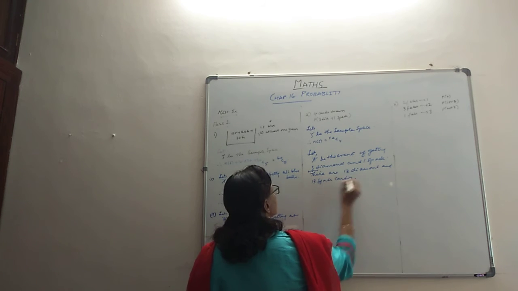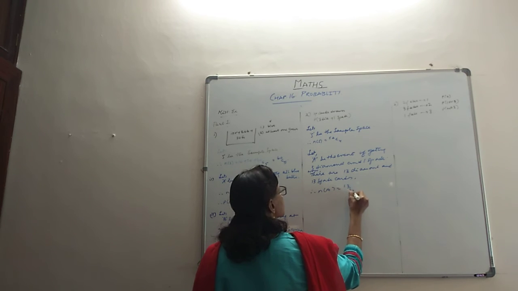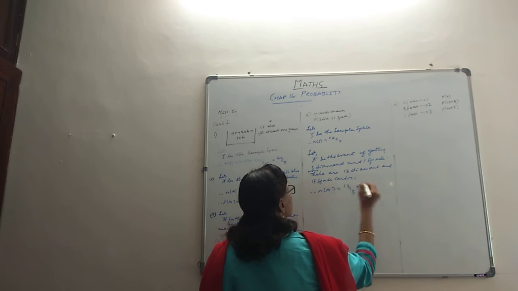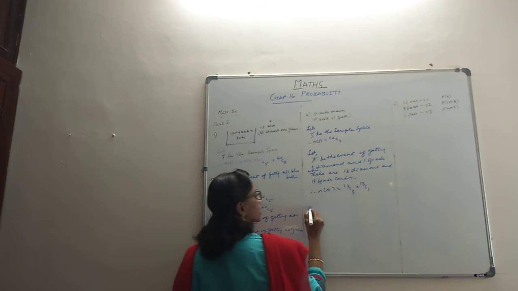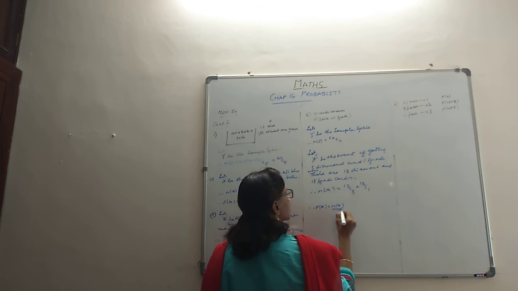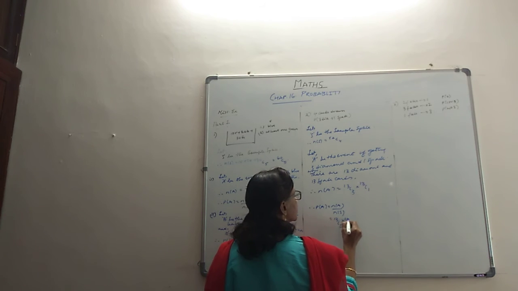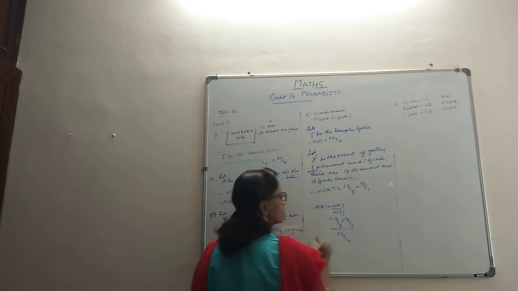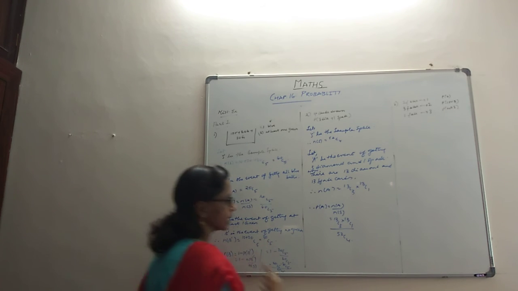So n of A is: from 13 we are choosing 3 diamond cards, and from 13 we are choosing 1 spade card. When you write P of A, it is n of A by n of S, which is 13 C3 times 13 C1 by 52 C4.